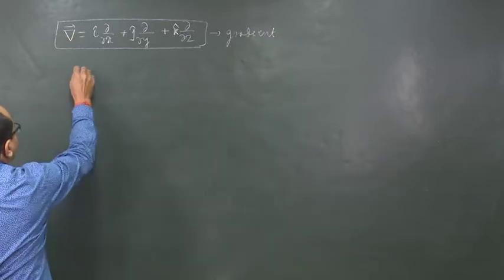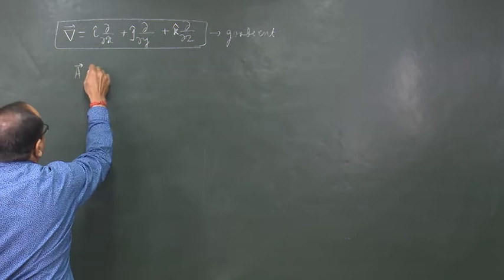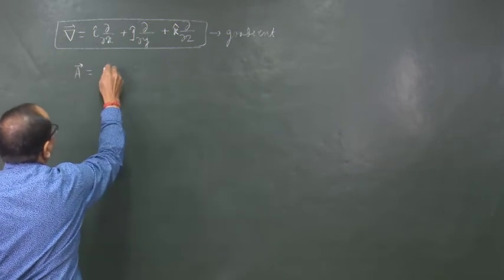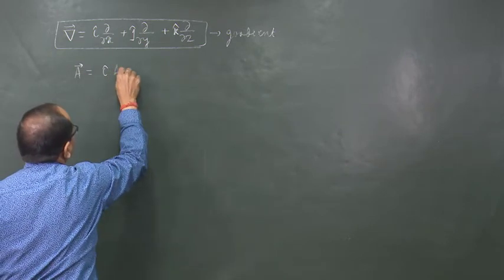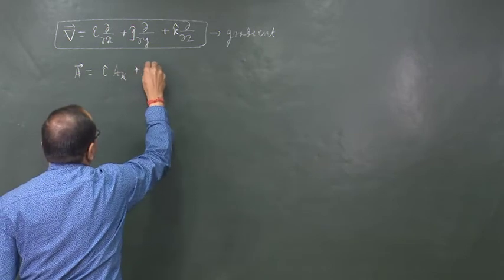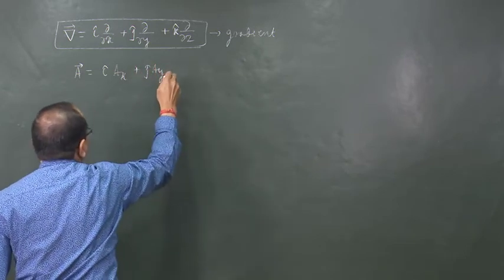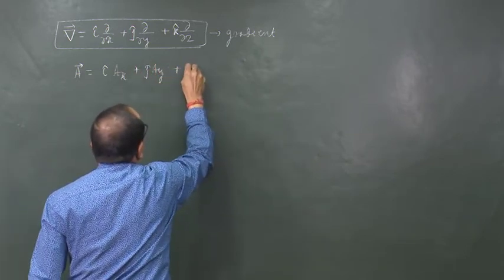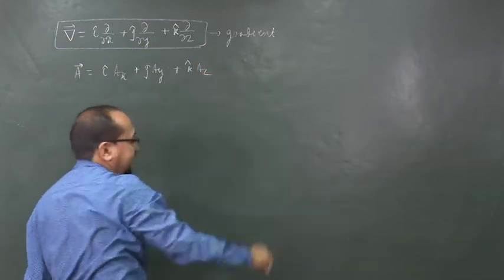Now, let A be a vector which has obviously 3 components, i cap Ax plus j cap Ay plus k cap Az.